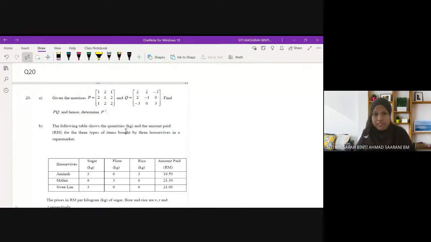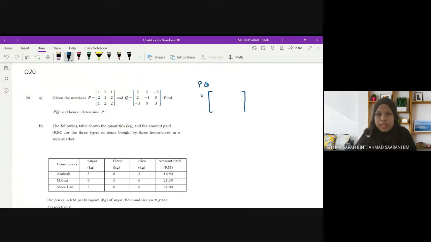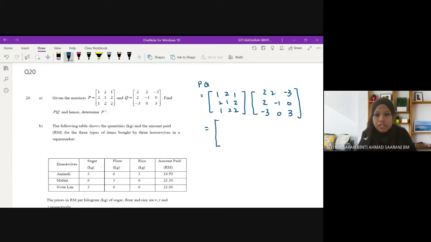This is similar to question 14. So first you have to do PQ. Substitute matrix P [1 1 2; 1 2 1; 2 2 1]... multiply by Q [2 2 -3; 2 -1 0; -3 0 3]. Enter it into the calculator. So you will get P times Q, which is 300, 030, 003. This has to be entered into the calculator.